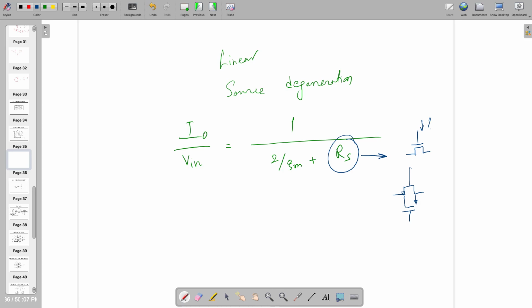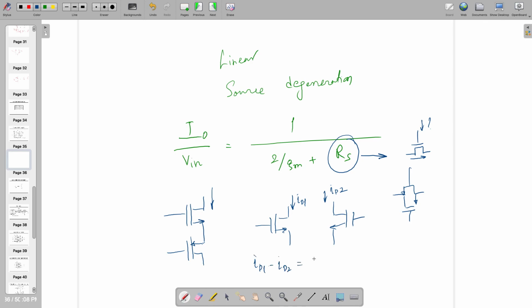When you are doing this, the whole business is about current: how much current this is going to get. If you want to make the whole thing linear, you have to understand two facts. You may have two transistors which are cascaded, and maybe or may not be connected by some voltages, but their currents are ID1 and ID2 for different values of voltages at the gate side.